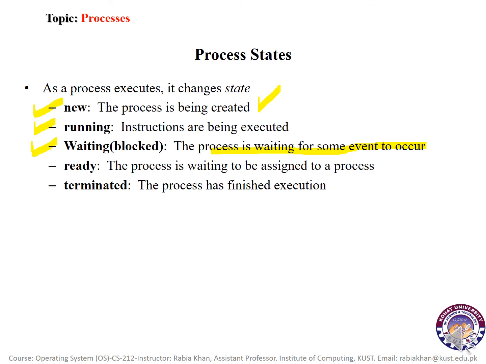Then after waiting, a process acquires another state which is known as ready. Now when you give input, the process does not automatically go to the CPU. It now has to move on to the RAM. The tail of the RAM has the processes which are ready to be executed on the CPU.